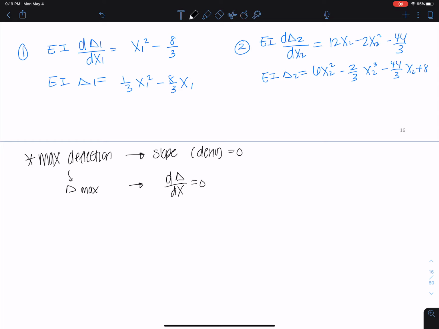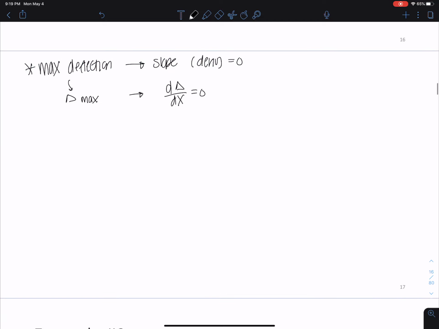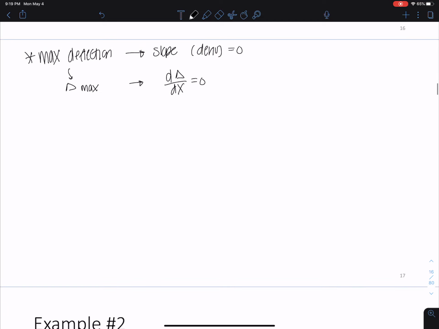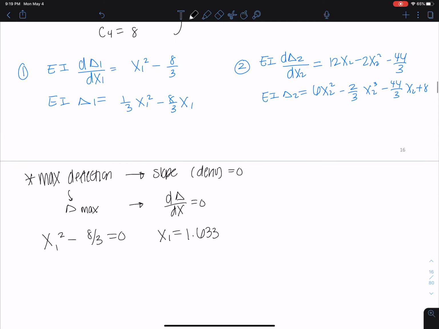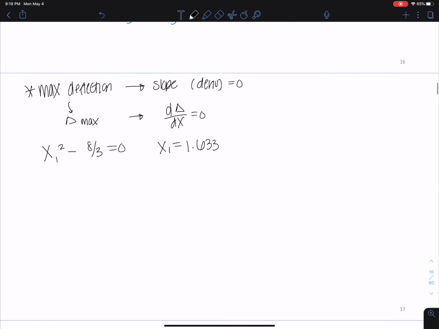So I just need to set that equal to 0 and figure out what that number is. So here, I'm going to take my delta equation, x1 squared minus 8 over 3 equals 0, and I get x1 equals 1.633.